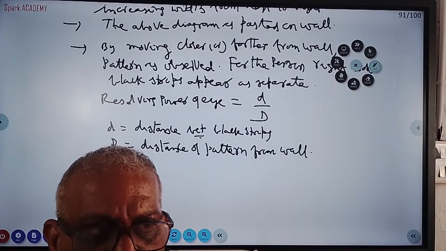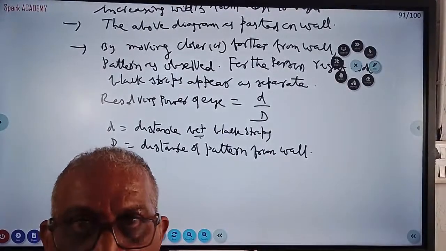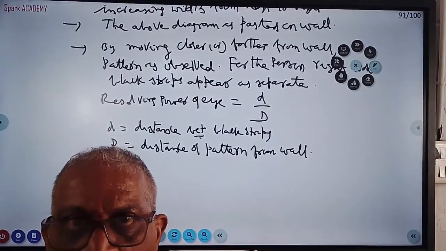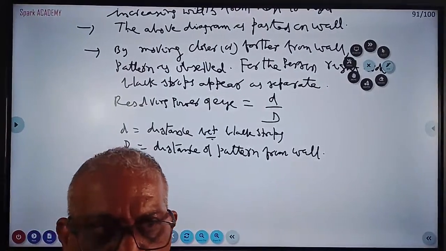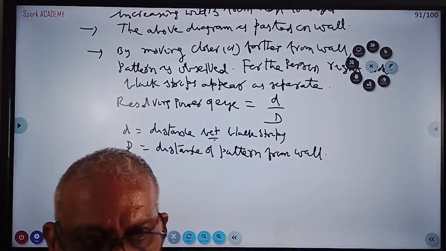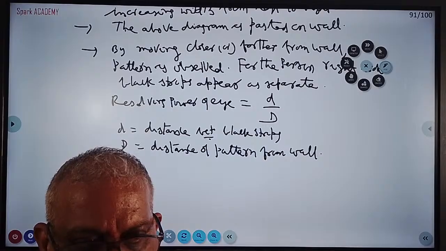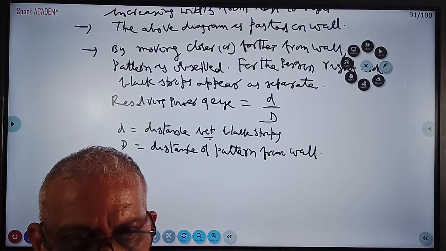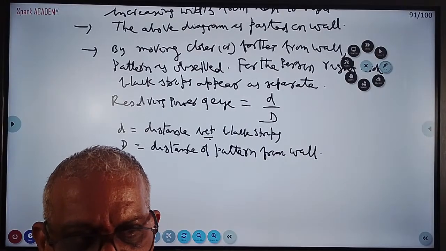What is interference? You are getting bright fringe and dark fringe separately, maximum intensity and minimum intensity separately. Minimum intensity means darkness. But here redistribution of energy takes place and the law of conservation of energy is valid.